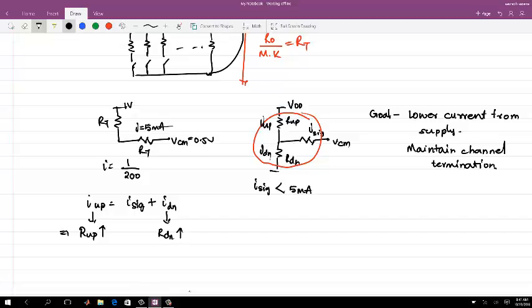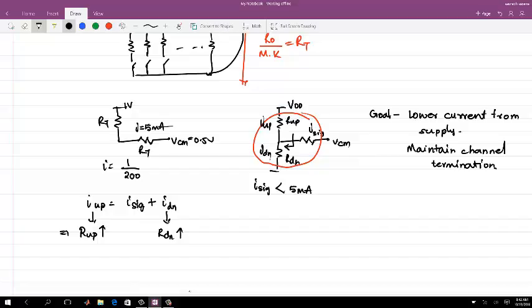But what did I lose? Channel termination. So how can I still maintain channel termination here? How will you put extra differential termination?